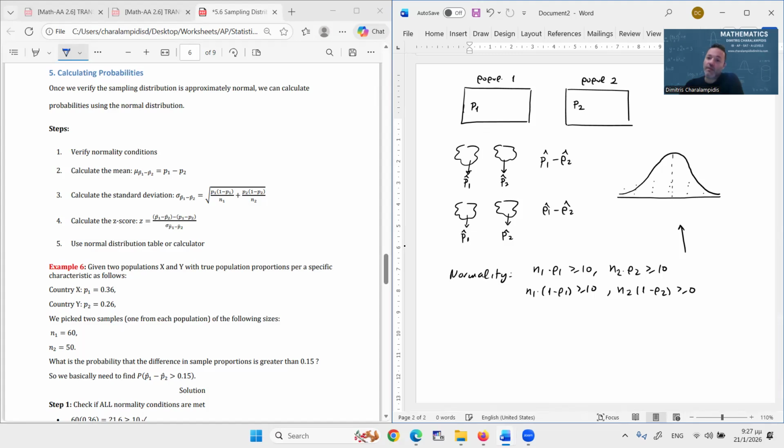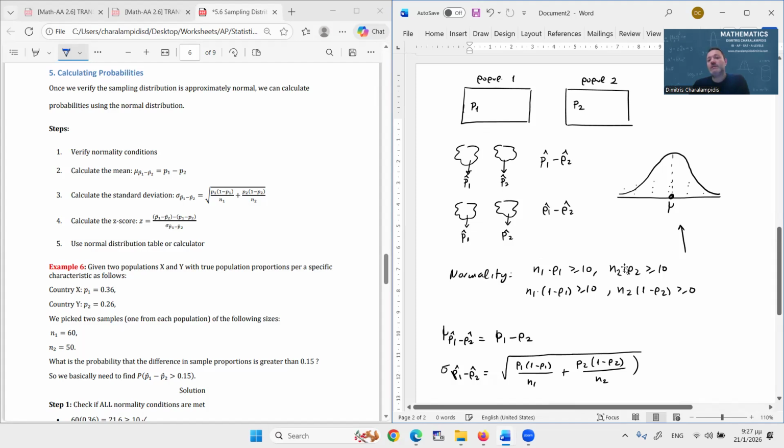Under these four normality conditions, this sampling distribution of these differences would be approximately normal. The mean of p1 hat minus p2 hat is the actual difference between the true population proportions, while the standard deviation of it would be given by the formula square root of p1 times 1 minus p1 over n1 plus p2 times 1 minus p2 over n2.